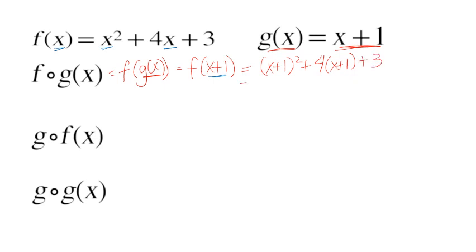And I end up with x squared plus 2x plus 1 plus 4x plus 4 plus 3, or x squared plus, I've got 2x and 4x, that gives me 6x, and 1 plus 4 is 5, plus 3 is plus 8.